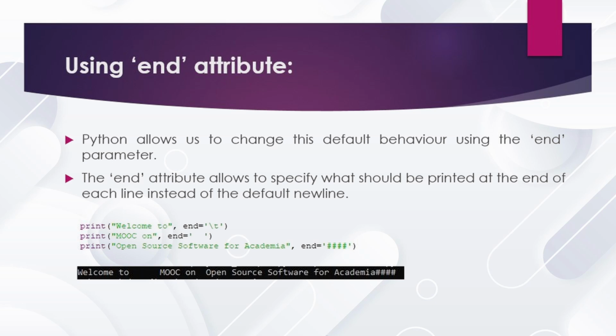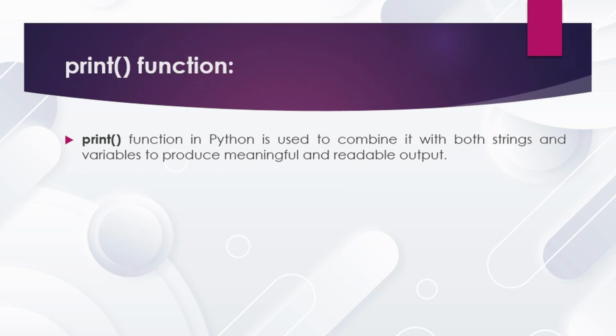One of the most common and practical uses of the print function in Python is to combine it with both strings and variables to produce meaningful and readable output. This is especially useful when you want to display a message along with the value of a variable, such as during debugging or when presenting the results to the user.